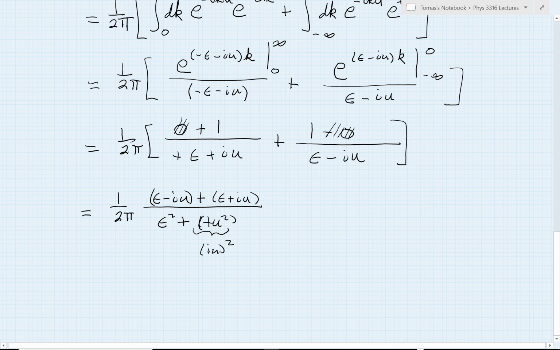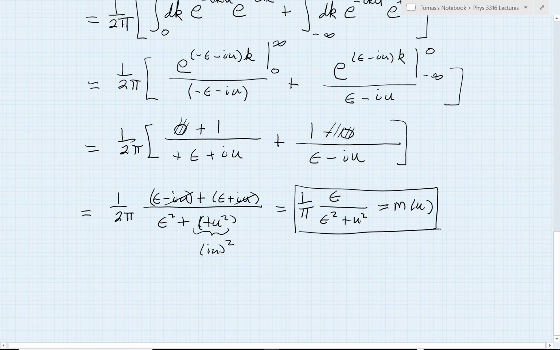And we see we have another very nice cancellation between these u terms. So all I have then is 2 epsilon on top. So at the end of the day, I've got 1 over pi instead of 1 over 2 pi, an epsilon on top, and then an epsilon squared plus u squared in my denominator, and that is my final evaluation for this function m of u.